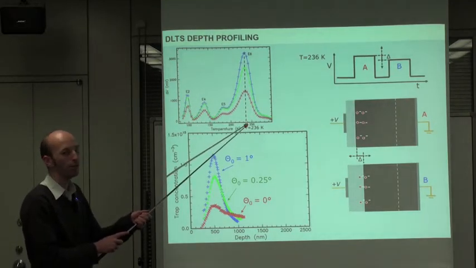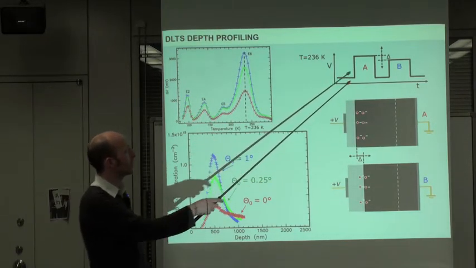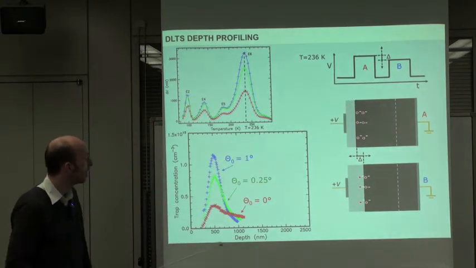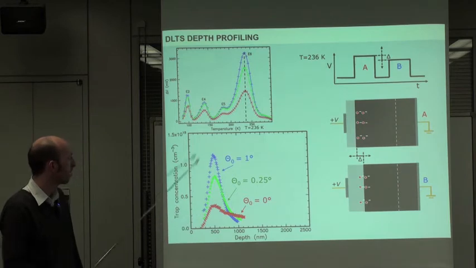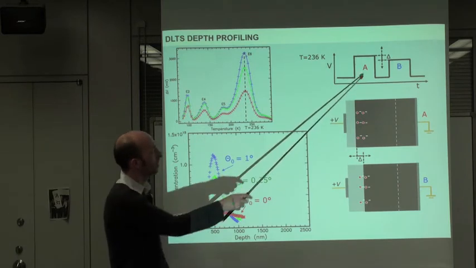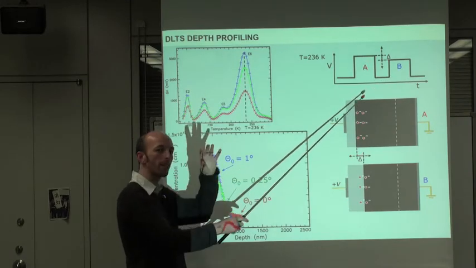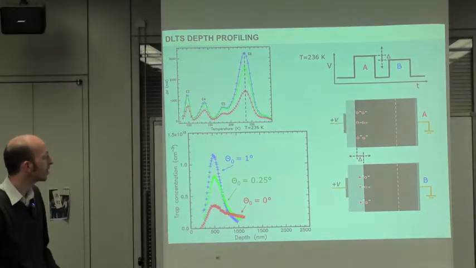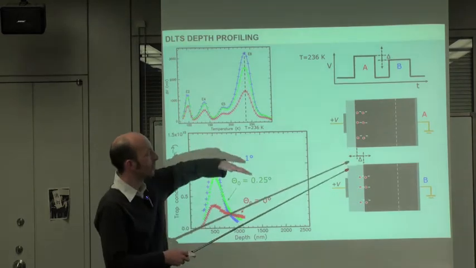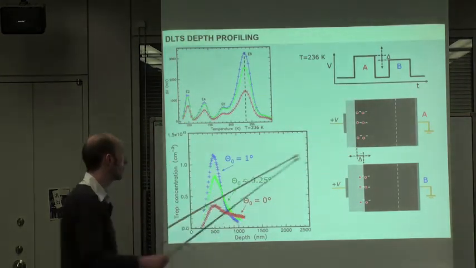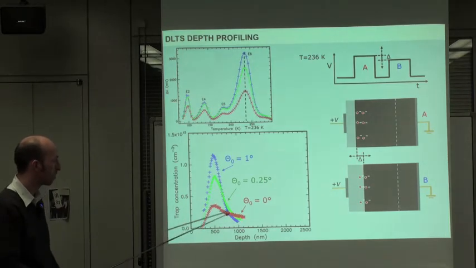If we sit at this temperature, we can use this double correlation method to do a depth profile of this trap. Basically it's the same as DLTS, but we have 2 pulses now with slightly different peak heights, and we shift those through the substrate and can get a depth profile.